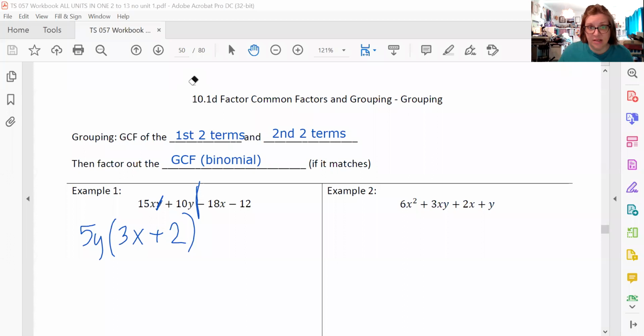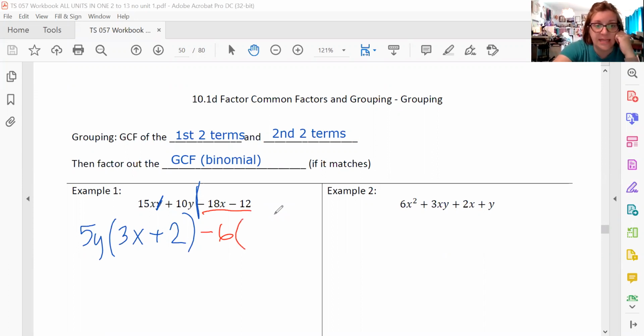On to the second two terms. I'm going to make these a different color. The negative 18x minus 12. For these, I could take out 3, but 6 is bigger, so I'm going to take 6 out. And I'm also going to take it out negative, because then I'm going to get nice and neat positive numbers inside my parentheses.